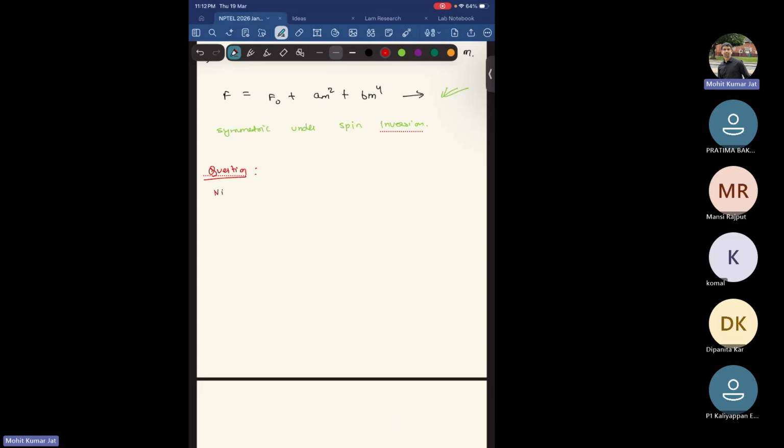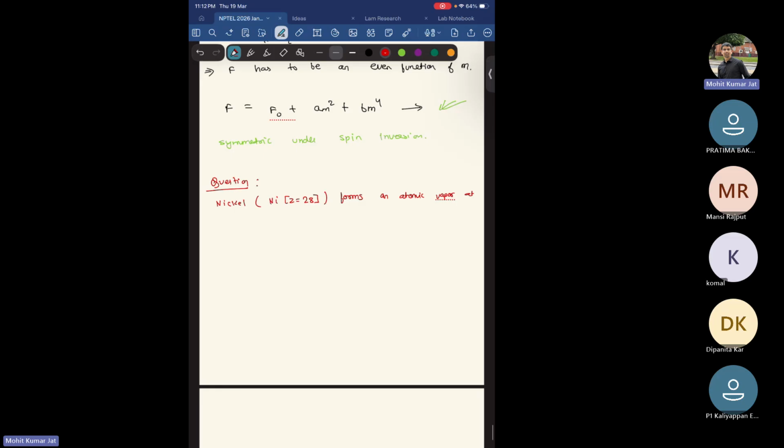Nickel, whose atomic number Z is equal to 28, forms an atomic vapor at 2000 Kelvin, and this vapor can be considered an ideal gas. This is very similar to the very first question which I discussed in the class.